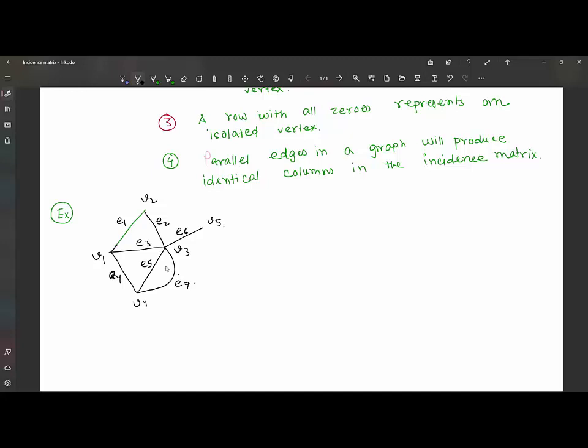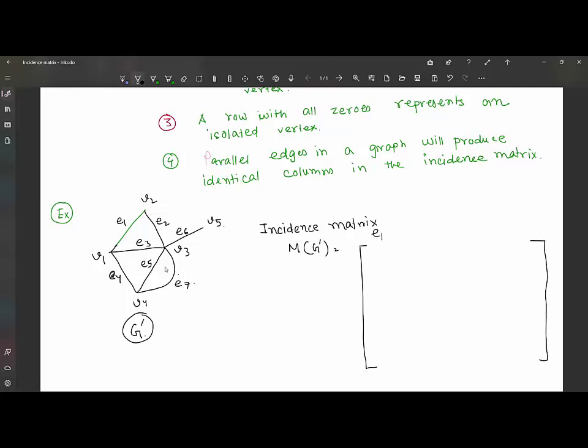So it will be a 5 cross 7 incidence matrix. Suppose this graph is represented by G prime, then the incidence matrix M of G prime is this.